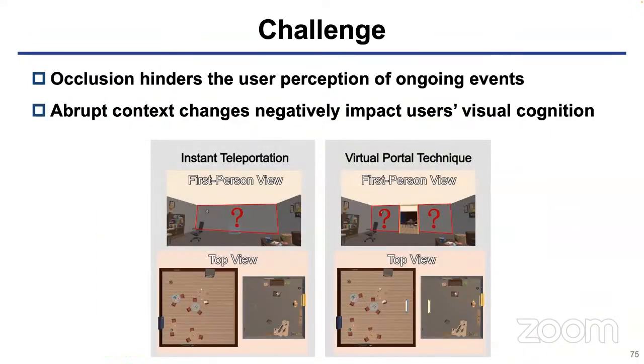But there are some challenges. Firstly, the occlusion hinders the user's perception of ongoing events, and abrupt context changes negatively impact the user's visual connection. There is still a lot of area in front of the user that is blocked by the wall.